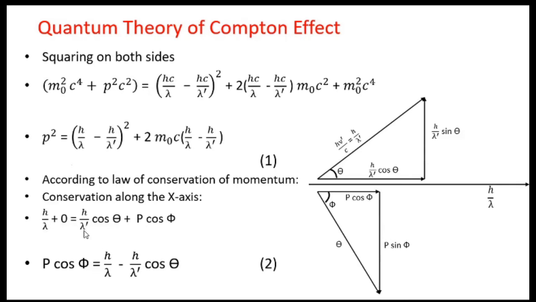What about the momentum along the x-axis after collision? It will be the sum of the momentum component of the scattered photon along the x-axis plus the momentum component of the recoiled electron along the x-axis. So these two terms are coming here. If you make the arrangement, we get equation 2: p cos of phi is equal to h upon lambda minus h upon lambda dash cos of theta. This is our equation 2.